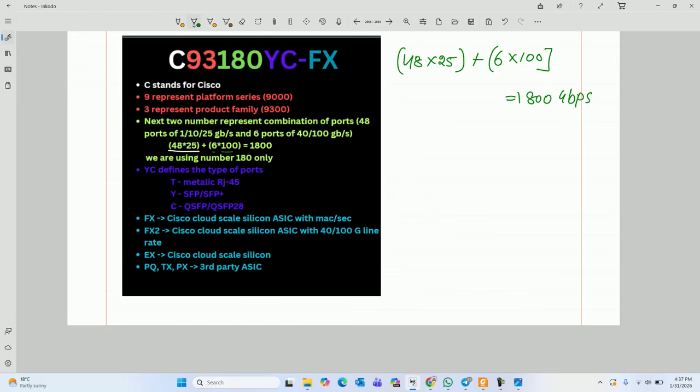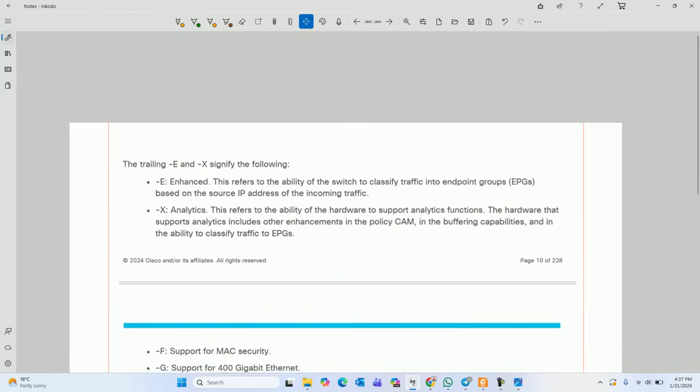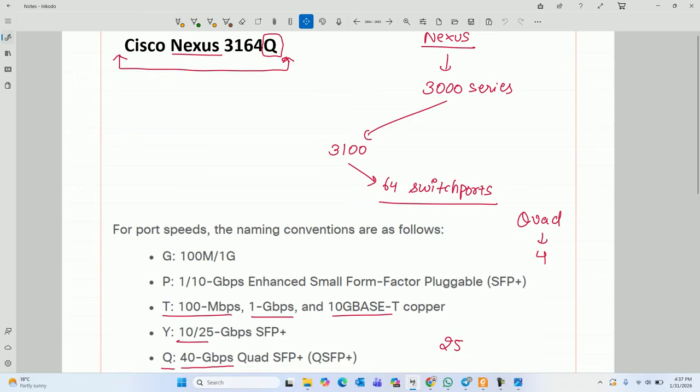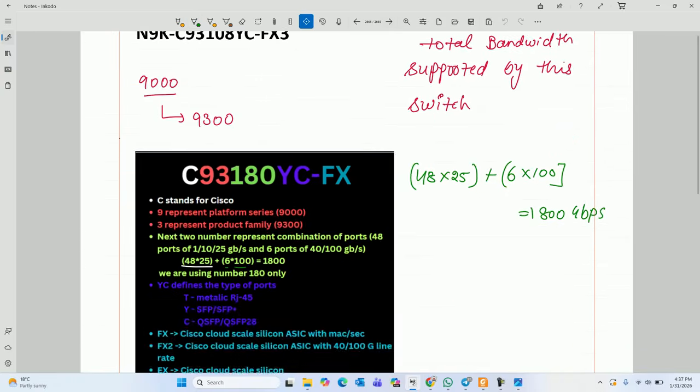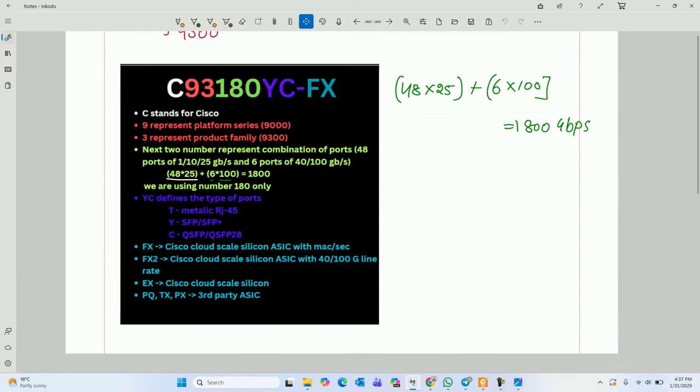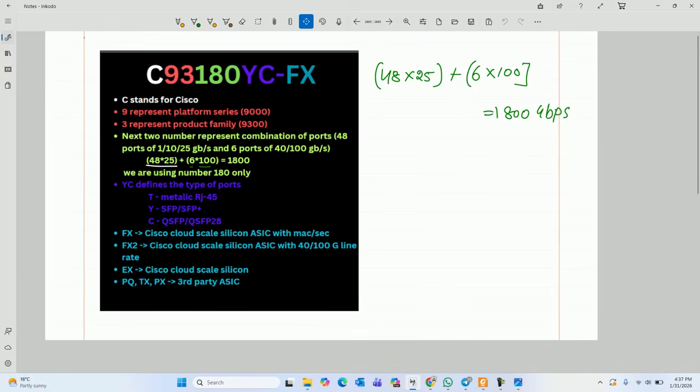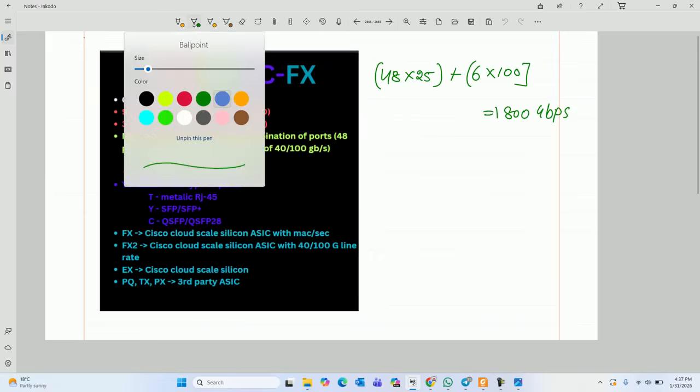So always remember this. If you see a naming convention like 3164, a number like this, it defines the total number of switch ports. But if you see numbers like 180, 108, it means that particular switch is not showing you the number of switch ports.